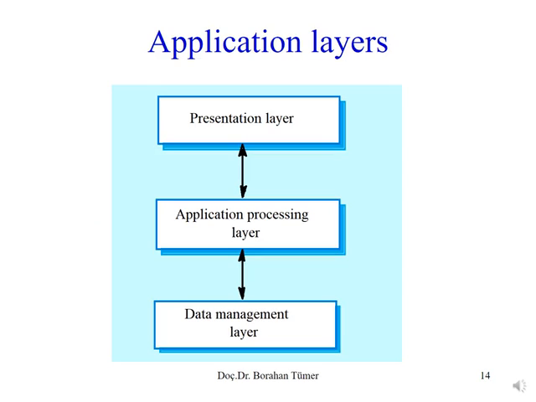Here you can see the connection topology of the 3 layers. The presentation layer receives the input from the user, pre-processes it, validates it, and then communicates it to the application processing layer.